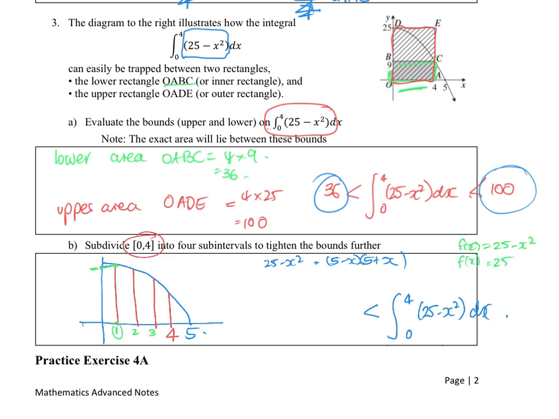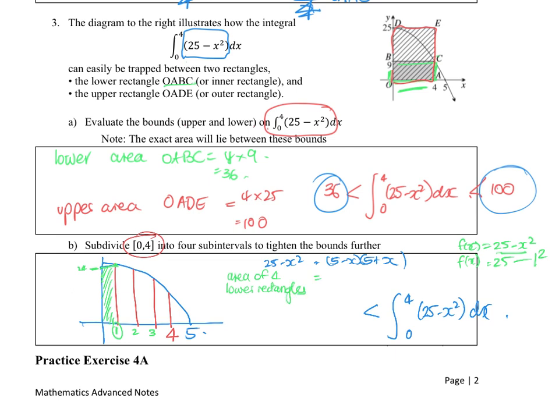Put 1 in to the graph: 25 minus 1 squared, 24. So that'll be 24. So this little lower rectangle would be, let's put area of 4 lower rectangles.